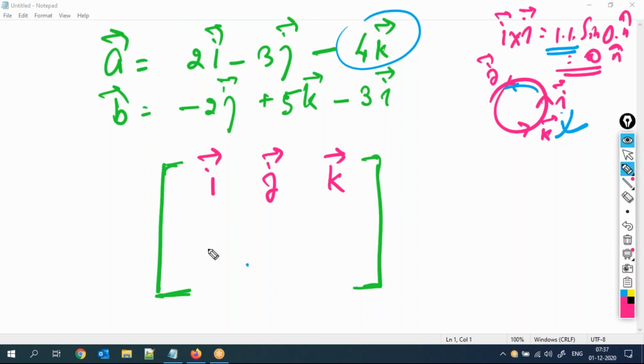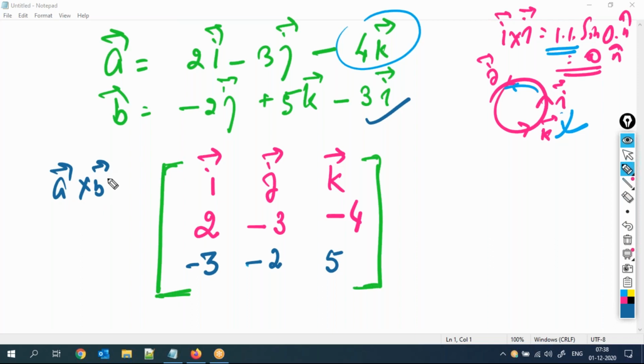In A, I is 2, J is minus 3, and K is minus 4. Are we clear? Yes, sir. In B, what is this? Minus 3, minus 2, plus 5. And this is A cross B.